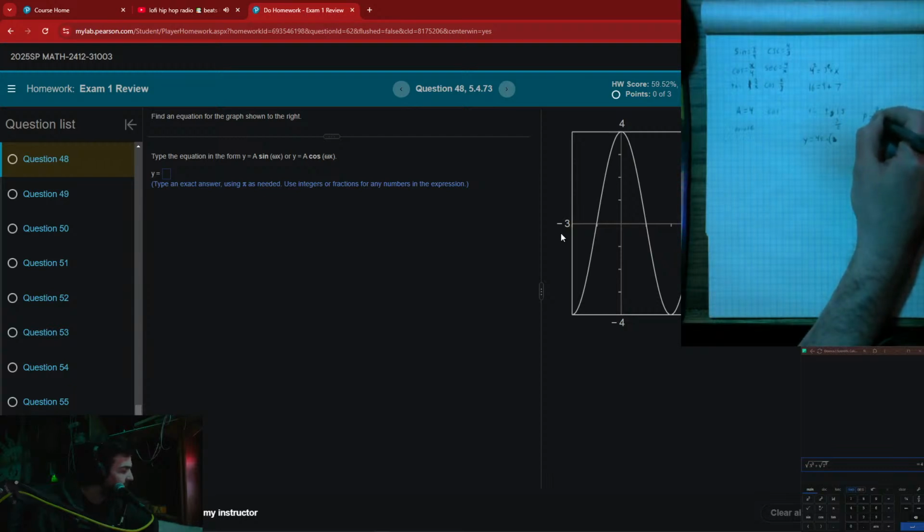So we need something that 2 pi divided by gives us 6. Is that 3 pi? No. That's pi over 3.